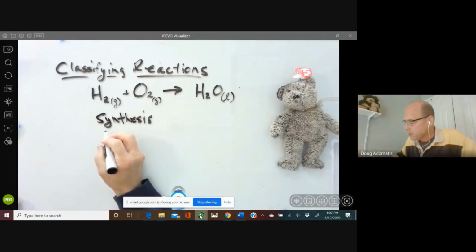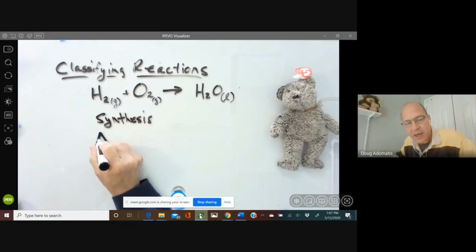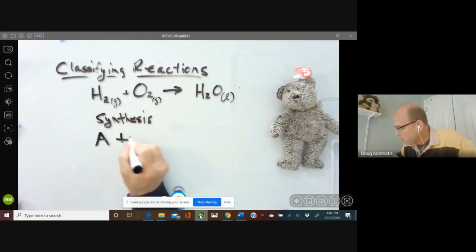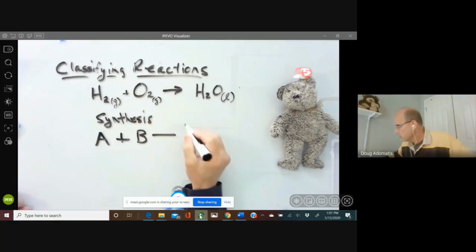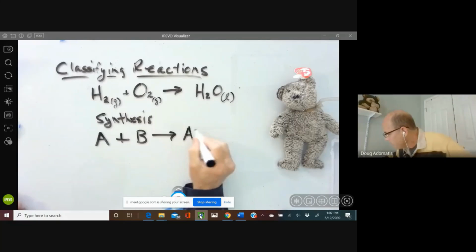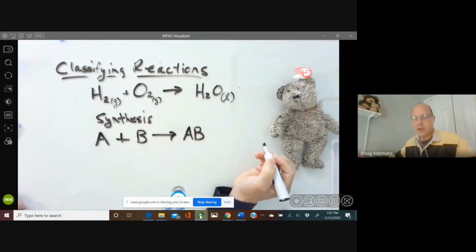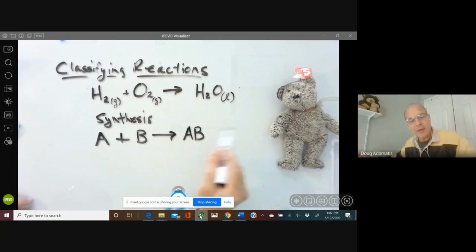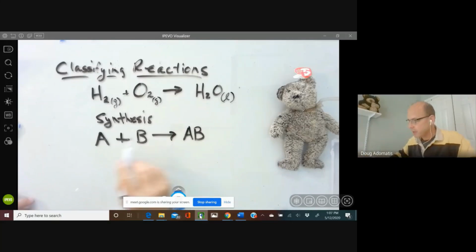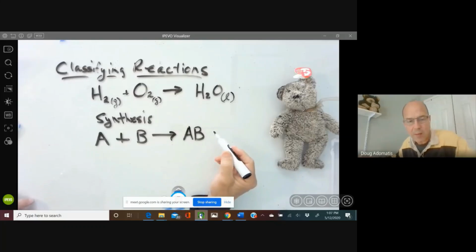In general, if you have one thing and you combine it with another, then you will get a compound formed with those. So this is basically A plus B is going to produce AB. This is a synthesis reaction. You take two things and you put them together to form a compound.